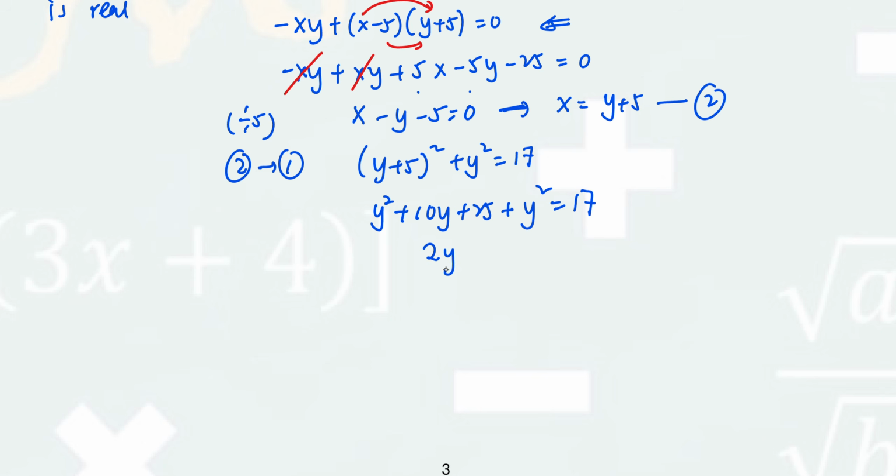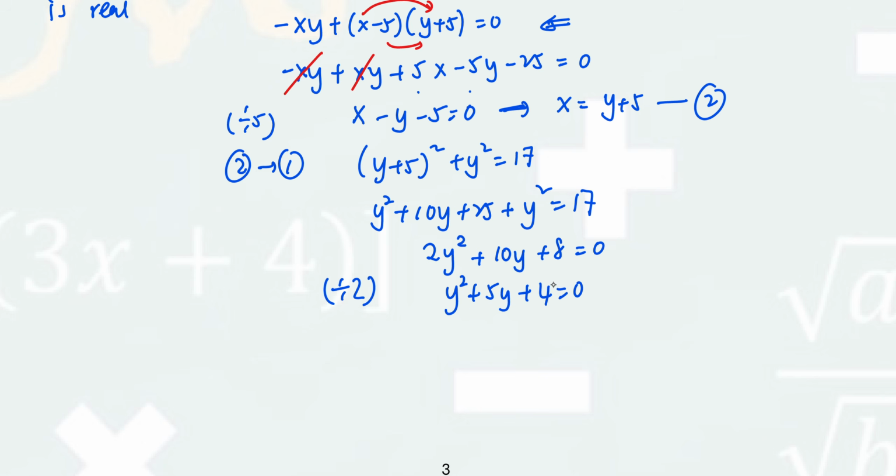You'll get 2y squared plus 10y plus 8 equals 0. Now divide the whole equation by 2, and you will get y squared plus 5y plus 4 equals 0.